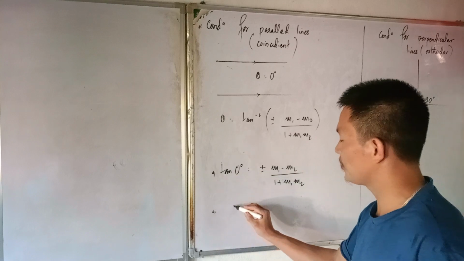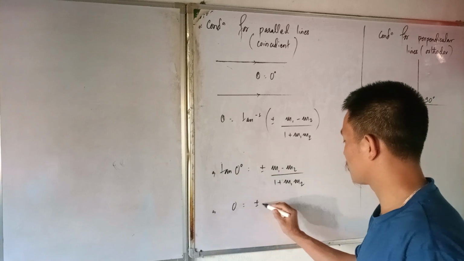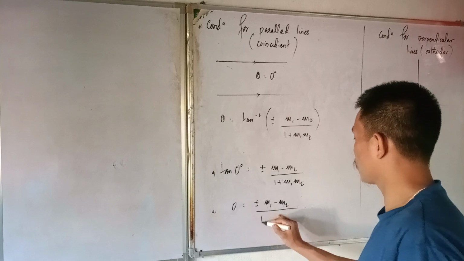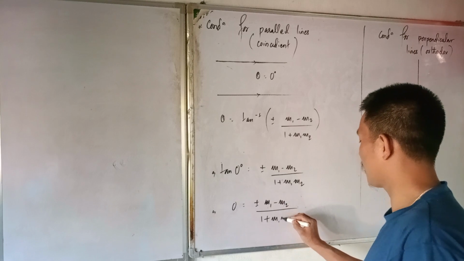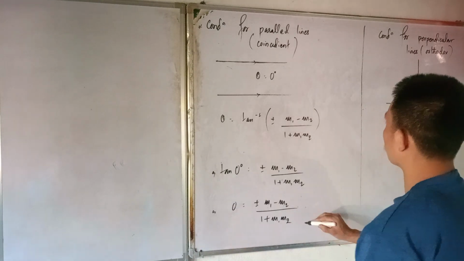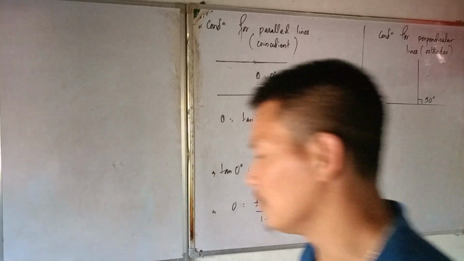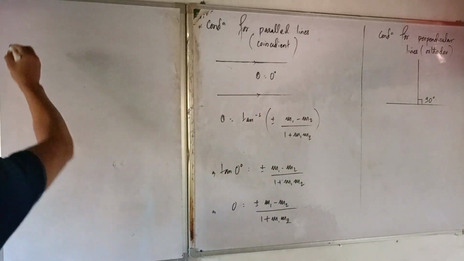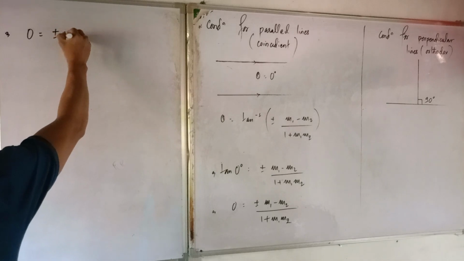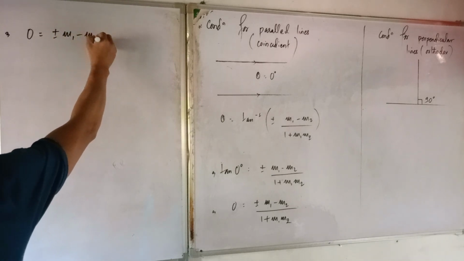Now tan 0 degree is 0. So 0 equals plus minus m1 minus m2 divided by 1 plus m1 m2. When something is multiplied by 0, it becomes 0, so 0 equals plus minus m1 minus m2.